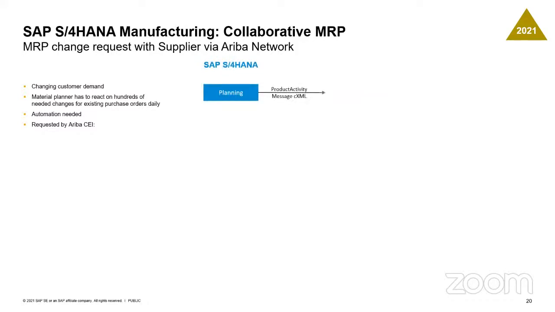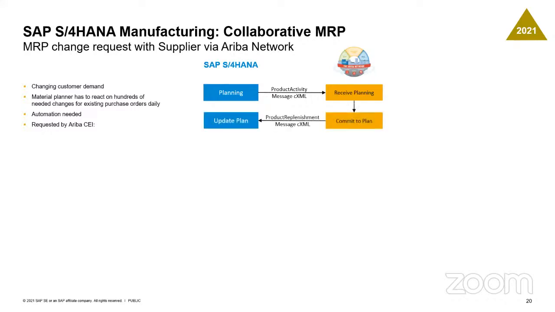Here you can see a very good brief sketch shown between the two systems, SAP S/4HANA and the Ariba network, wherein the process starts with planning and then receiving the plan at the other side, commitment of the plan, and update plan. You also have create purchase order and receive purchase order.